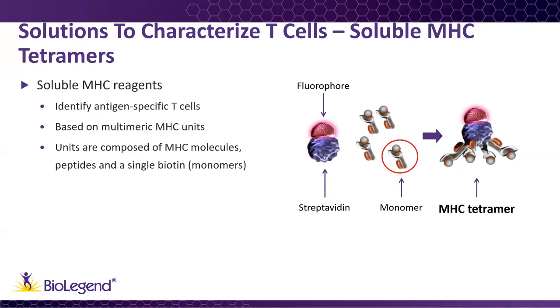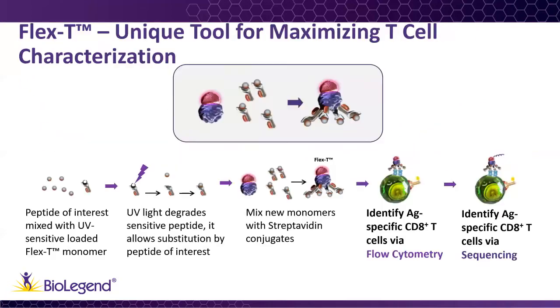The streptavidin MHC complex can bind an antigen-specific T cell receptor, or TCR. That MHC construct is often called an MHC monomer, even when technically it is made up of 4 individual molecules, the 2 MHC chains, a specific peptide, and the biotin molecule.